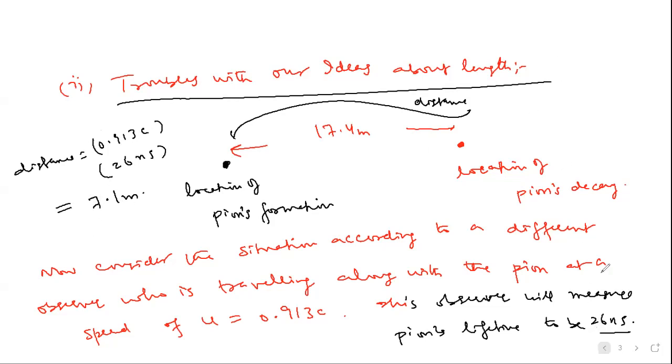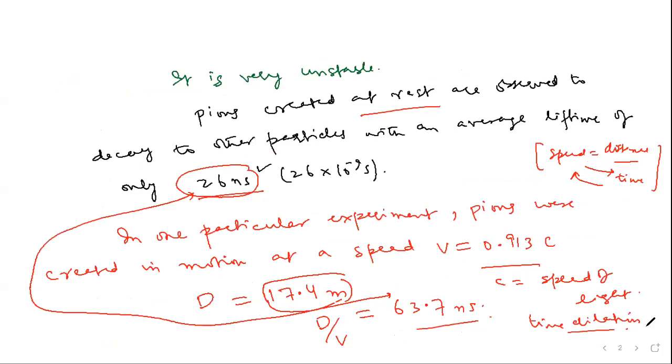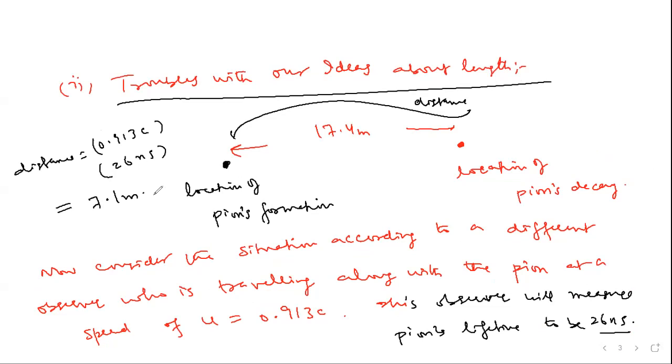As speed is distance over time, distance will be speed into time, right? So for this observer who is traveling with the pion at 0.913 c, the pion lives only for 26 nanoseconds on the average. Therefore, this distance which I have shown in black for this particular observer will be only 7.1 meters.